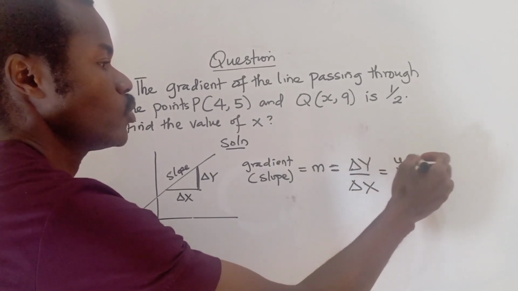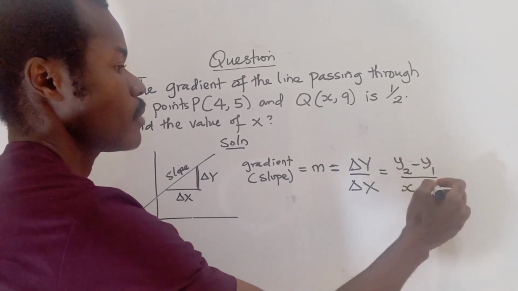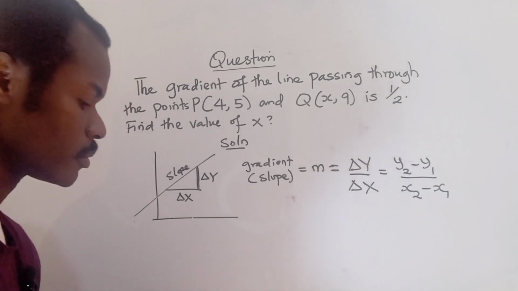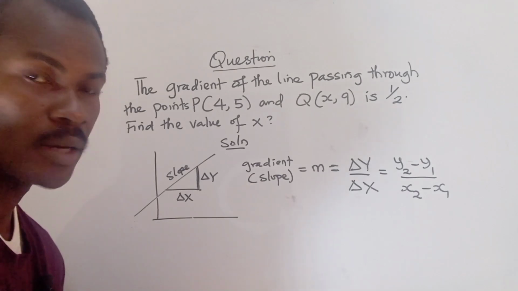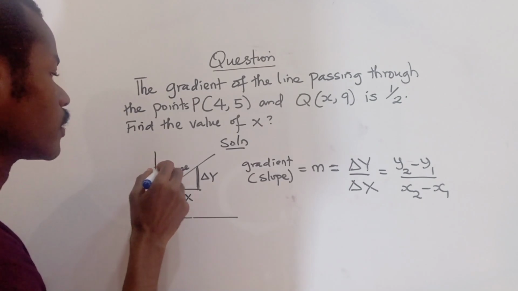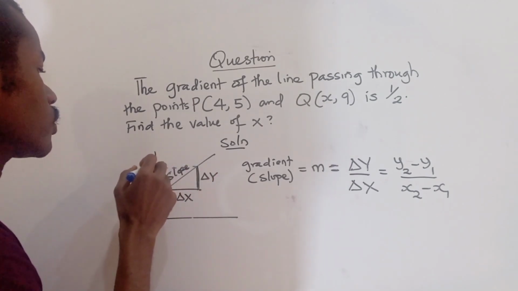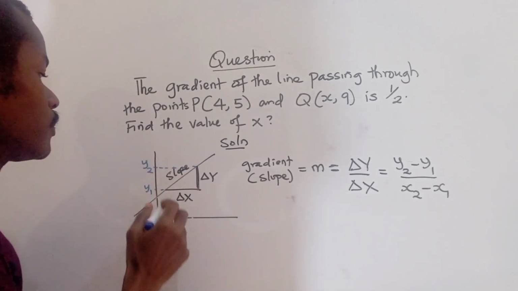So we have y2 minus y1 divided by x2 minus x1. How do we get y2, y1, x2 and x1? This point is our y2 and this point here is our y1.